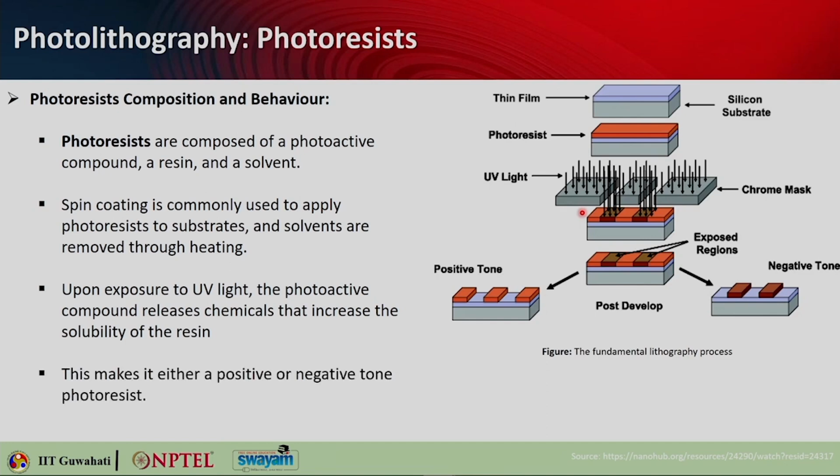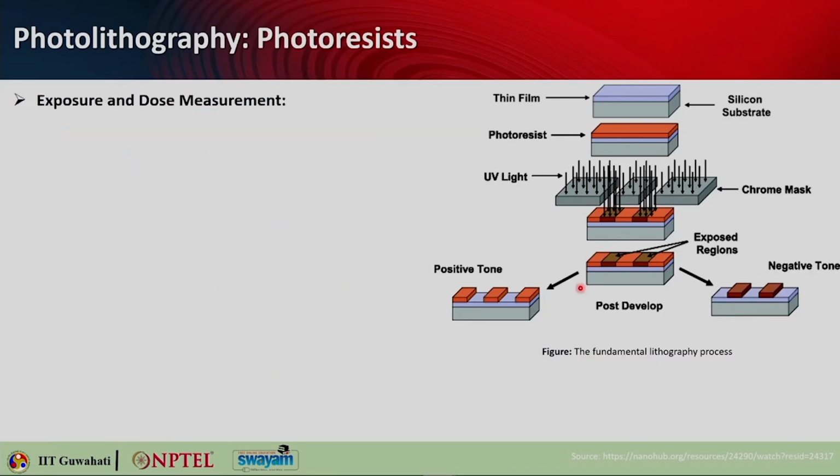So, it makes it either positive or negative tone photoresist. Once again, if you have positive tone photoresist, these exposed patterns are dissolved and can be removed, and if they are negative tone photoresist, these particular patterns stay and the remaining photoresist can be dissolved.